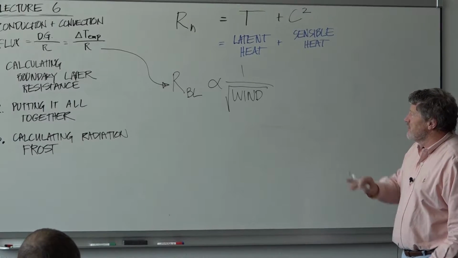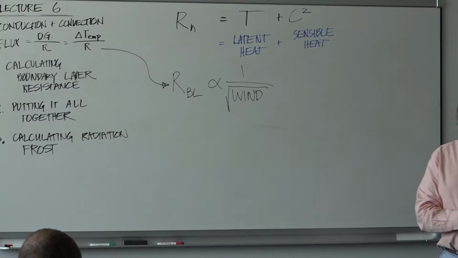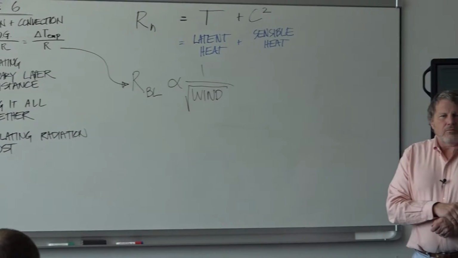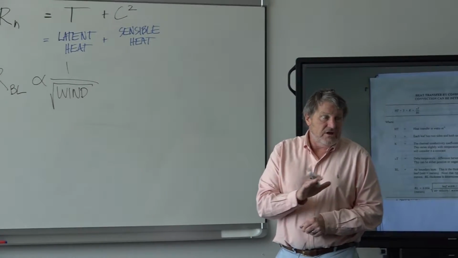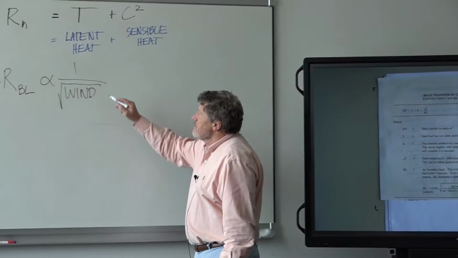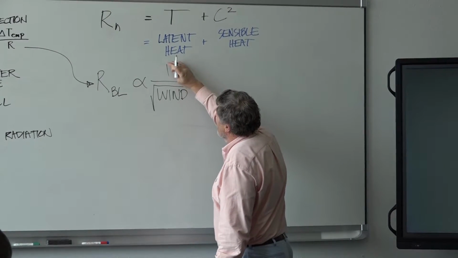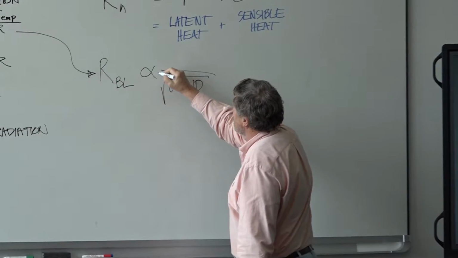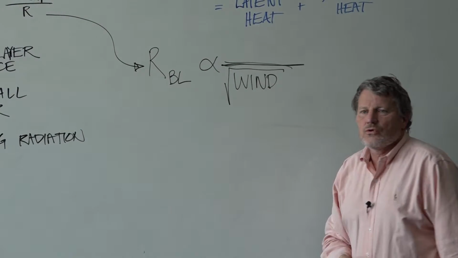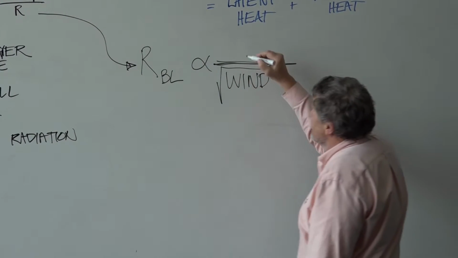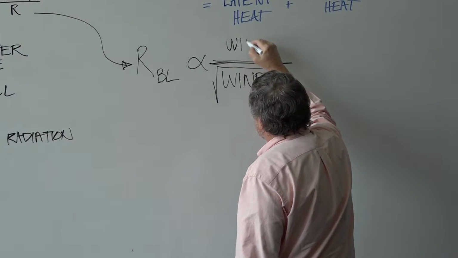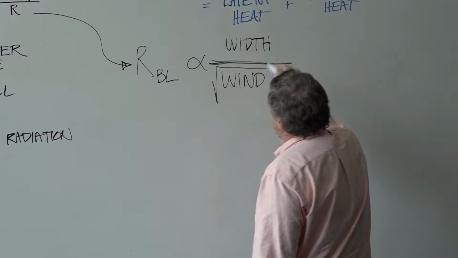So it's a nonlinear function of wind. But there's one other parameter along with wind that's equally important in here, and that's in the numerator. So if I put inversely proportional to wind, this is width.